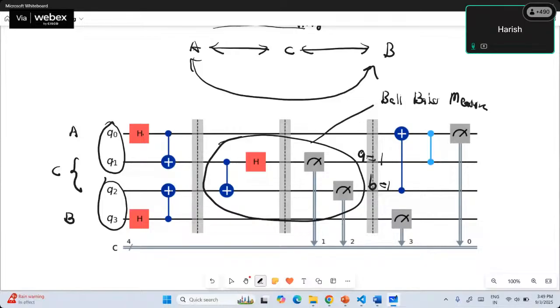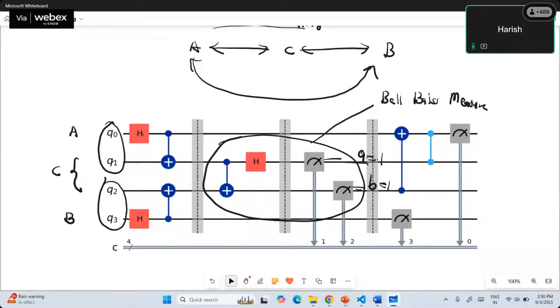But Charlie performs Bell basis measurement on her qubits Q1 and Q2 with this control node and Hadamard operation and then measures them. We have just seen that this is nothing but Bell basis measurement. After the measurement, suppose it has observed these two bits, so it gets classical bits a and b, suppose 1 1.